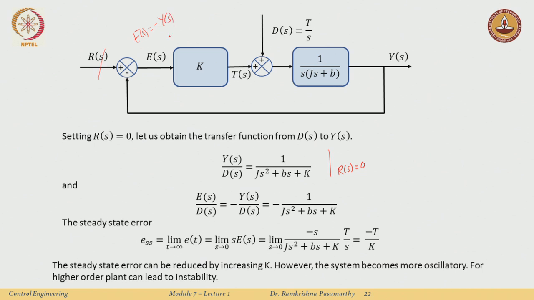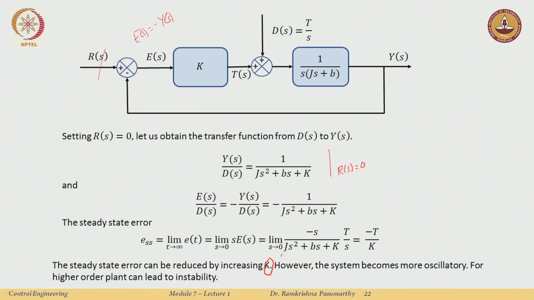Okay. So, what is the steady state error because of this disturbance? Using the final value theorem, I get that this is minus T over k. Now, I can take care of this steady state error by increasing the value of gain k. But what is the effect of this gain k as I keep increasing it?